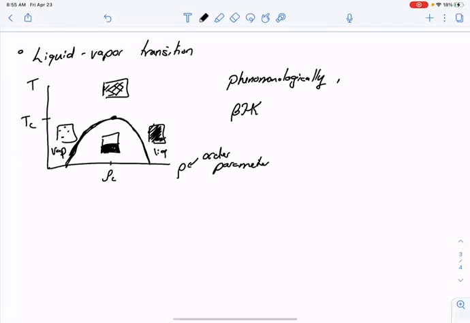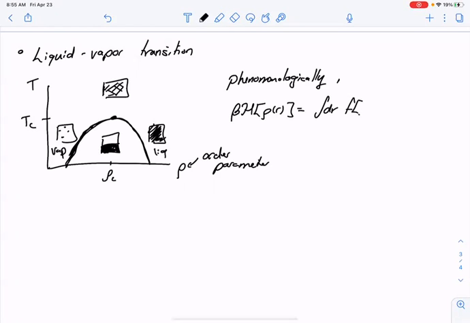Phenomenologically, we'll imagine that because rho is the important order parameter that distinguishes a liquid and its vapor, we will write down an effective theory that tells us about the fluctuations in the density field. Again, coarse-grained over microscopic dimensions, looking at the density field on a length scale which is large relative to individual atoms and molecules.